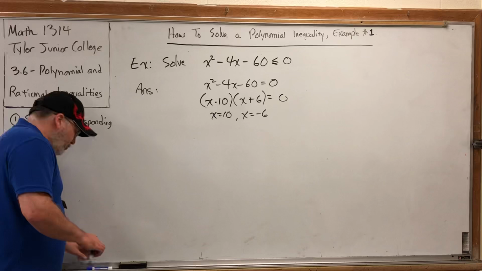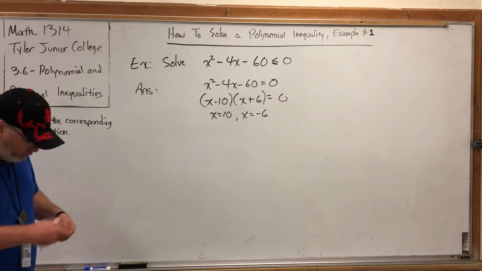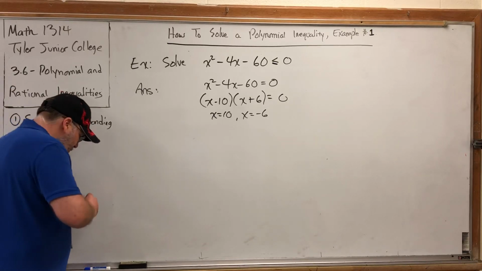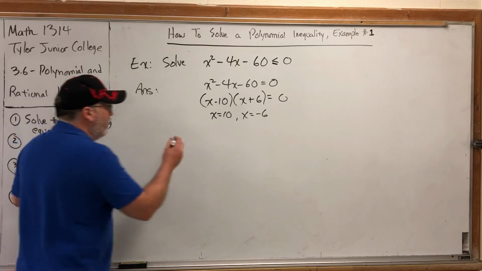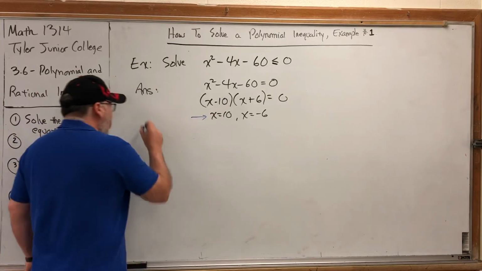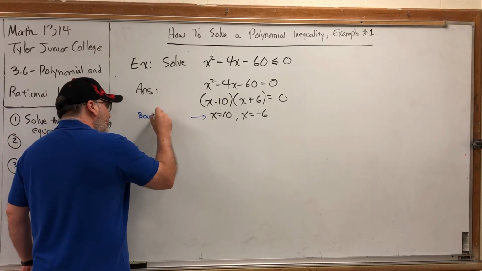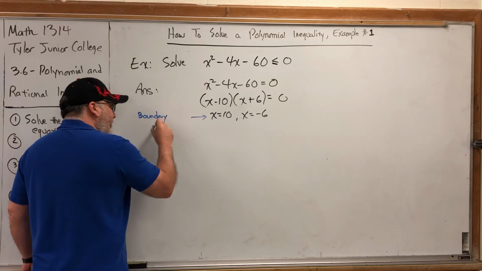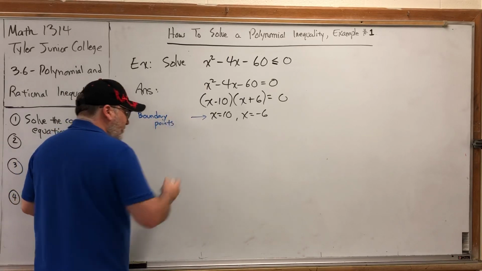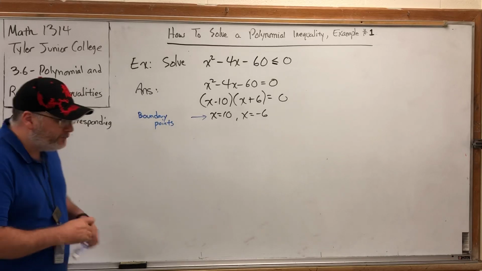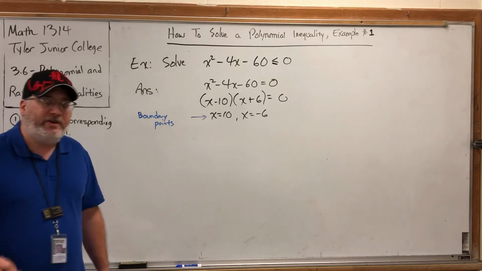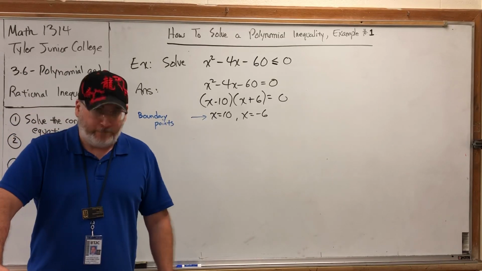The role of these two numbers is not to say we're done. These two numbers are what I will refer to as boundary points. Without getting into a rigid definition of what makes a point a boundary point, for our purposes, a boundary point is the beginning or end of an interval.